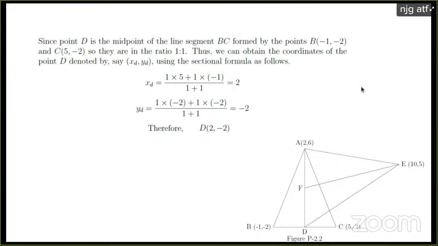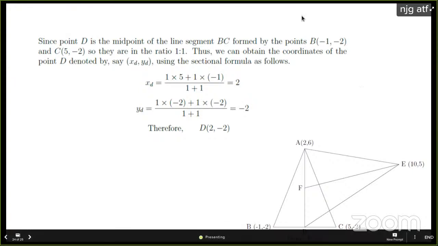If you say (3, -2), that means (3, -2) is 2 meters away from (5, -2), and 4 meters away from (-1, -2). So this will not be the midpoint. The midpoint is at the center of those two points. That means D should be 3 units away from point C and 3 units away from point B, right? Okay, I got it. Thank you.